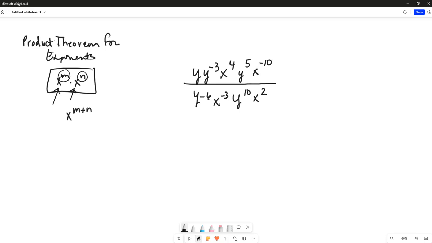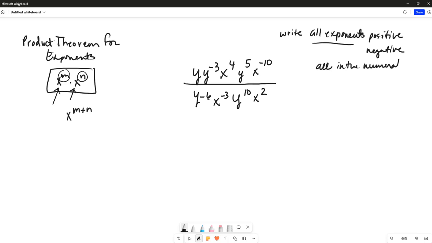So you're going to be looking at each of these problems that they give you to see if they say write all exponents positive, or they could say all exponents negative, or they could say all in the numerator, which would be all in the top, right? Or they could say all in the denominator, which would be all in the bottom. So it really depends on the problem how you're going to write your answer.